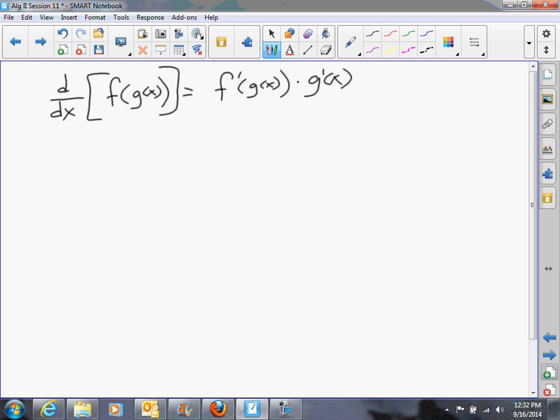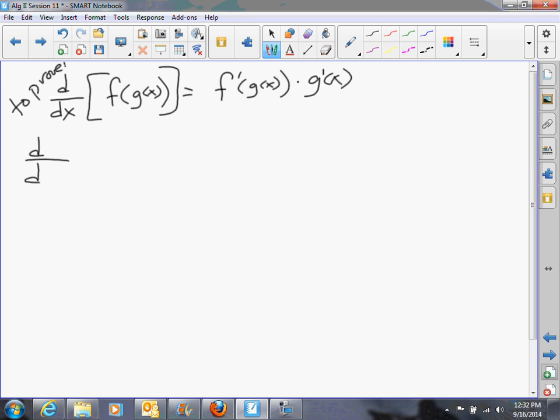Now, first of all, let me just say to you that both f and g have to be differentiable, and the range of g has to be in the domain of f. But assuming those things, and those are things that do need to be assumed, we can say that the derivative is this, which is what we want to prove, by the way.